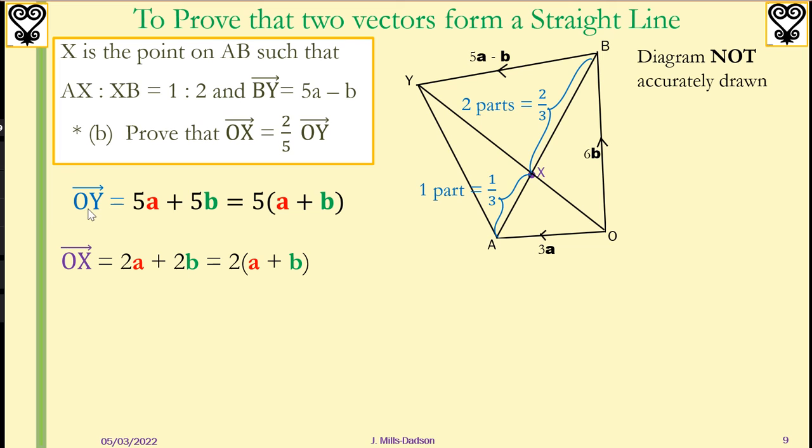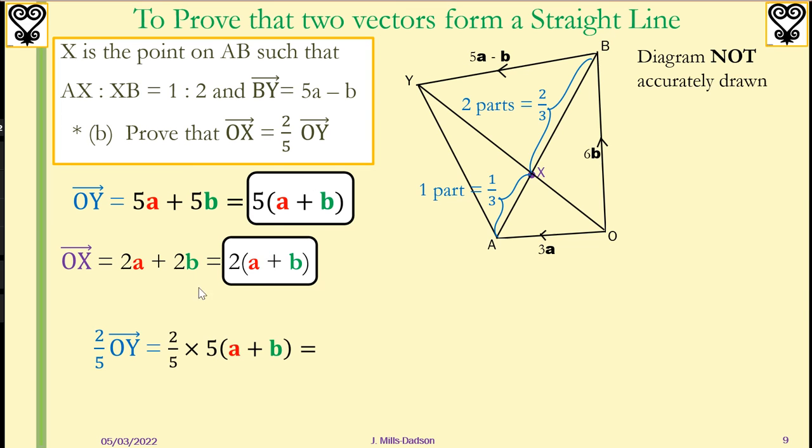We had OY as 5 into bracket A plus B, and we have OX as 2 into bracket A plus B. So if you look carefully, it confirms that one is a multiple of the other. That is a fact. We can really see that.